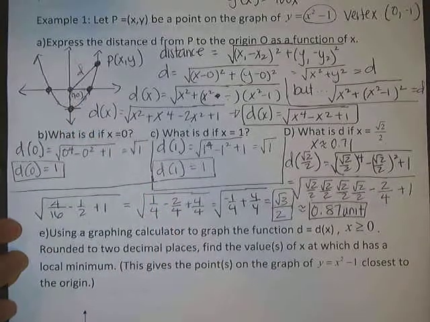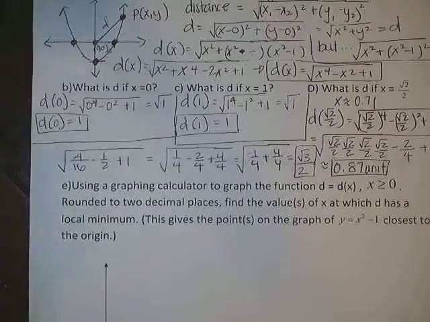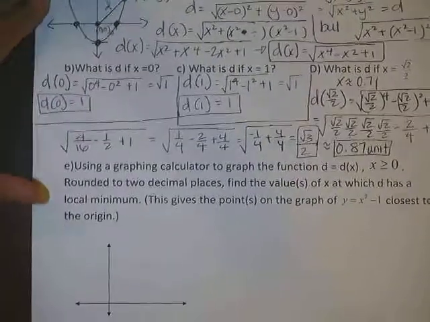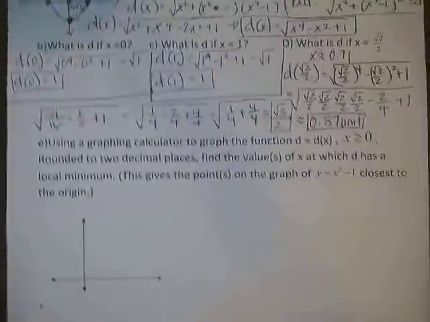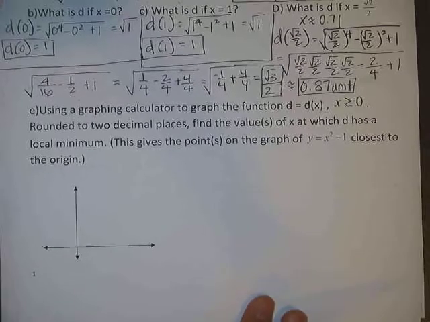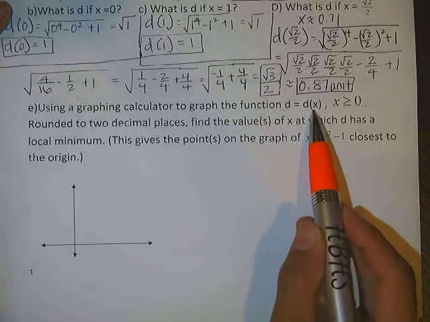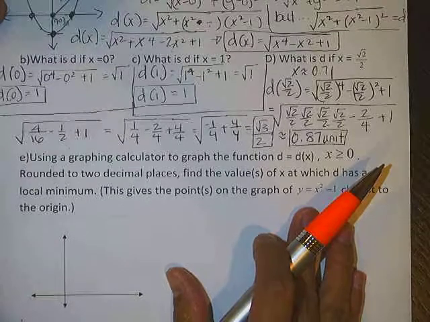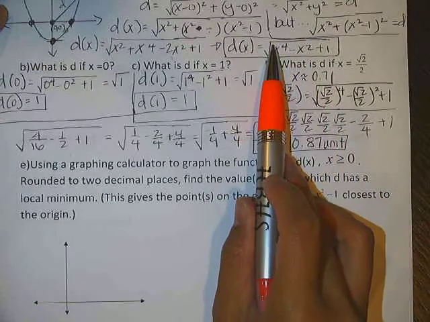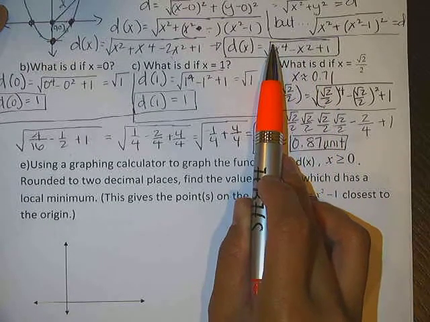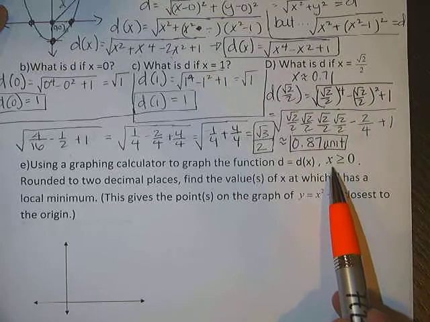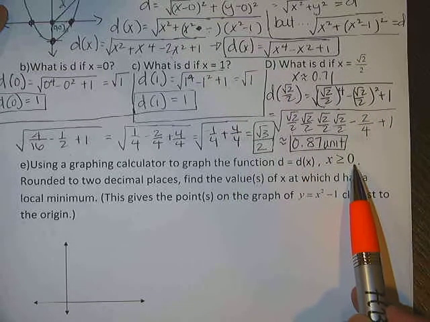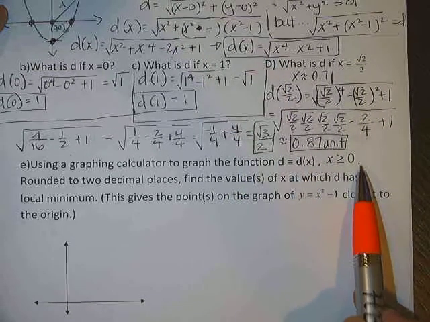Okay. Part E. Part E says, using a graphing calculator to graph the function d equals d of x, which we have found in the first step, part A. I just want x greater than or equal to 0.